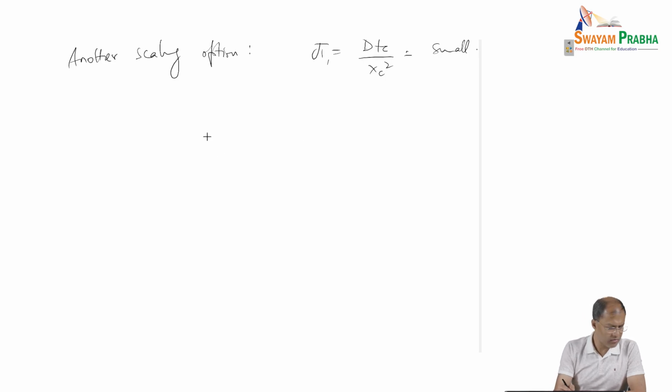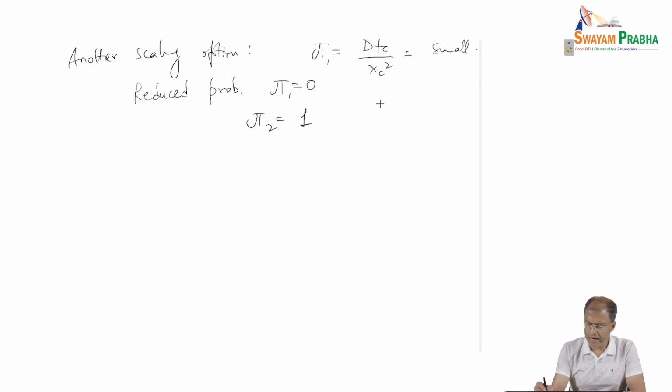And then in the reduced problem, we have pi 1 set equal to 0, and now in the reduced problem pi 2 is 1, and so my time scale comes out to be 1 over lambda times c_c, which is also equal to 1 by lambda times c naught.